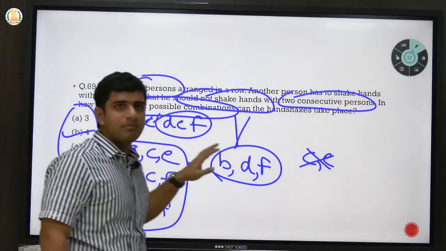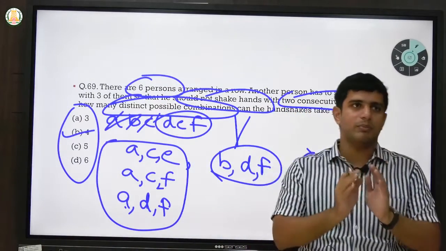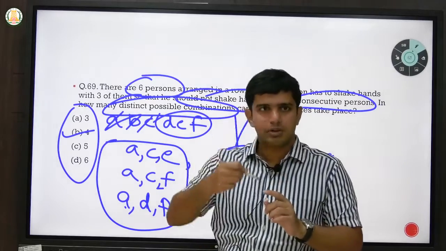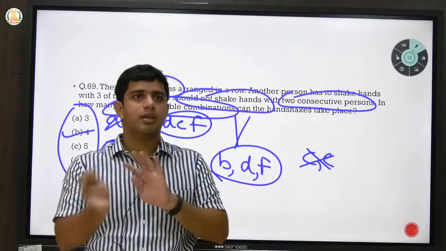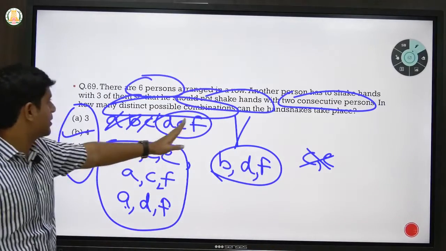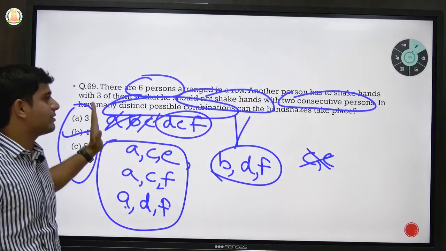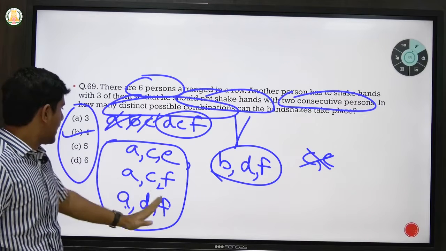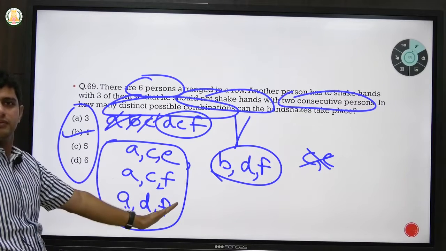So, whenever such things come, you have to understand the question properly, understand the condition, list out all possible combinations, make sure there are no repetitions within the combination. Like here, had we gone the other way, we could have said, sir, F, D and A is also possible, but F, D and A is already covered in ADF.